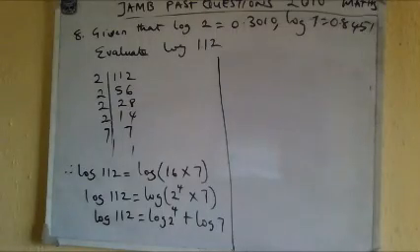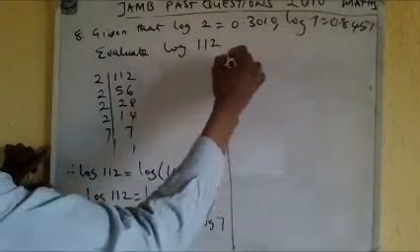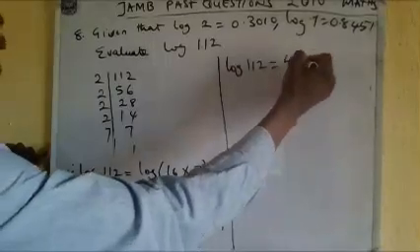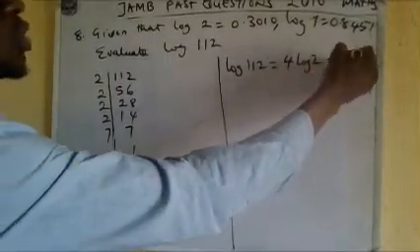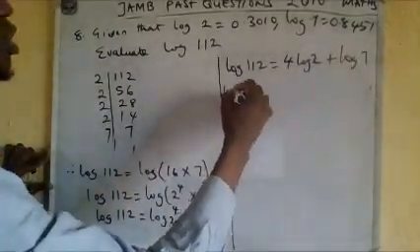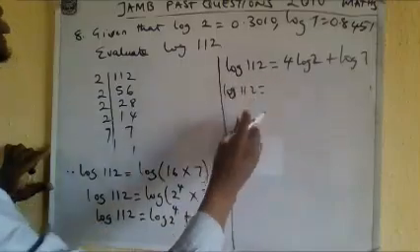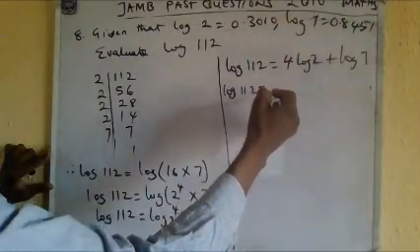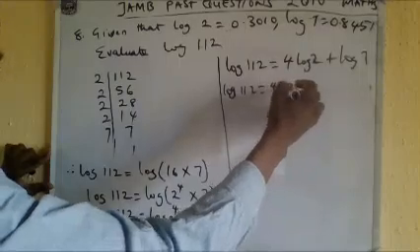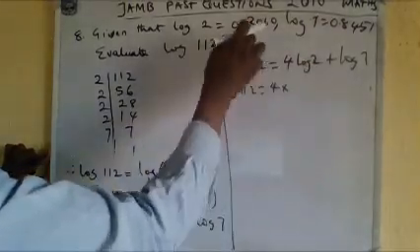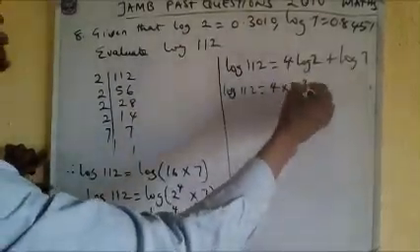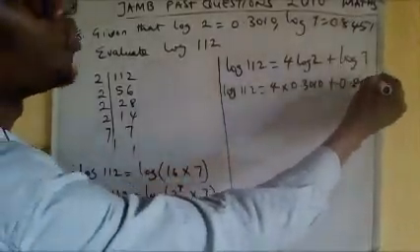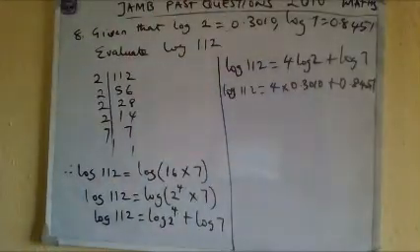So at this point, I will come here and say log 112 is equals to, this 4 will go down to be 4 log 2 plus log 7. Now I know that log 2 is defined here as 0.3010. So it's same as saying 4 times, when you see log 2, put this one, 0.3010 plus log 7 is what? 0.8451.